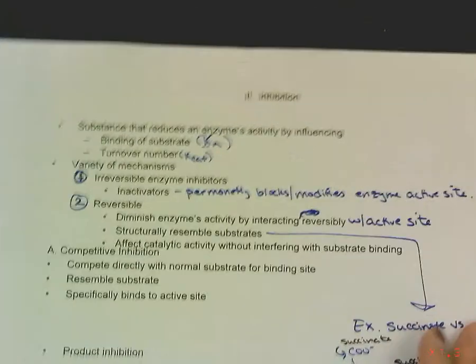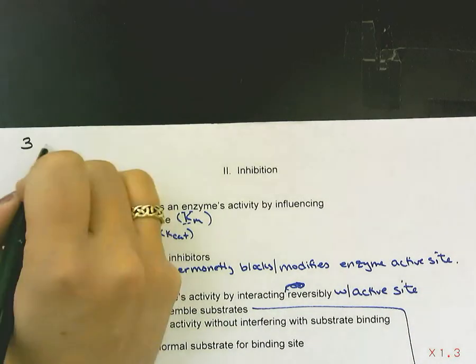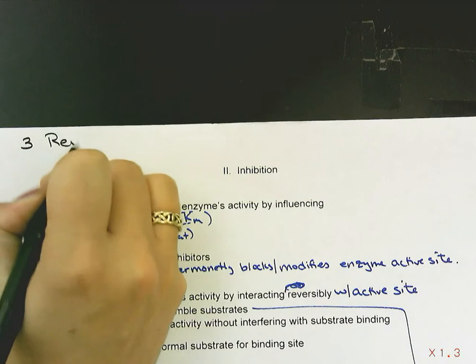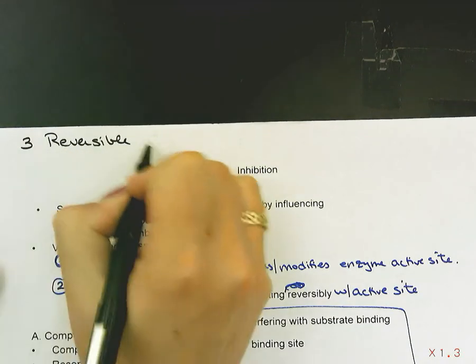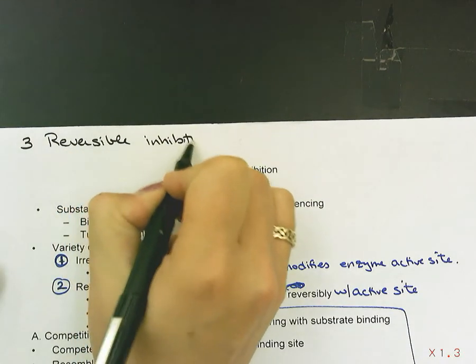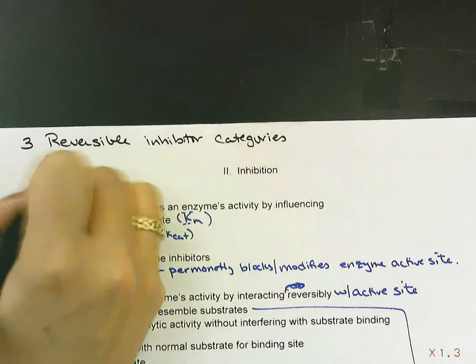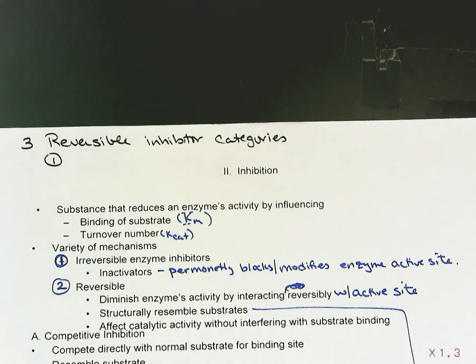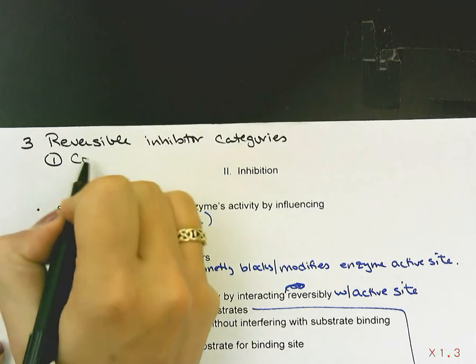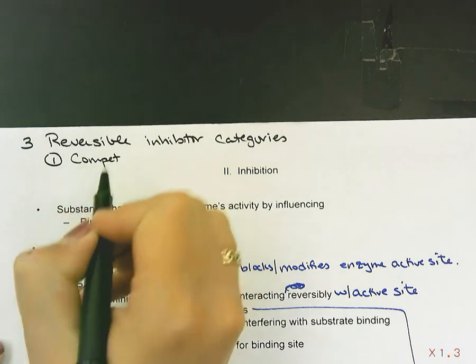Let me put it up here. So three reversible inhibitor categories that we're going to walk our way through. One, competitive.